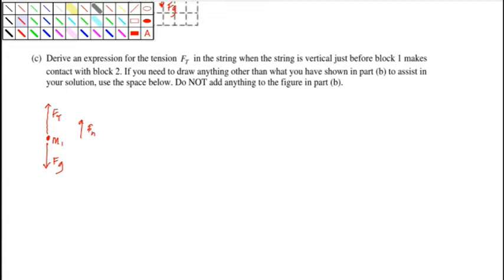So if we mathematically combine all of these things, this net upward force is going to be equal to the tension force minus the gravitational force. What we're looking to solve for here is the tension force, so we're just going to rearrange that a little bit. And this becomes, tension force is equal to the net force plus the gravitational force.